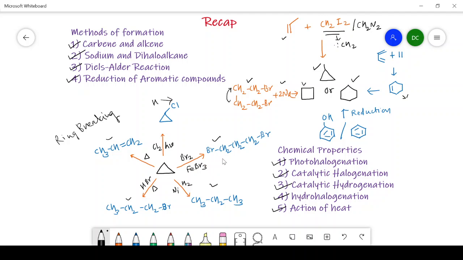In the halogenation we get dihaloalkane, in hydrogenation we get alkane, in hydrohalogenation we get alkyl halide. But when a cycloalkane is heated, we get an alkene molecule.